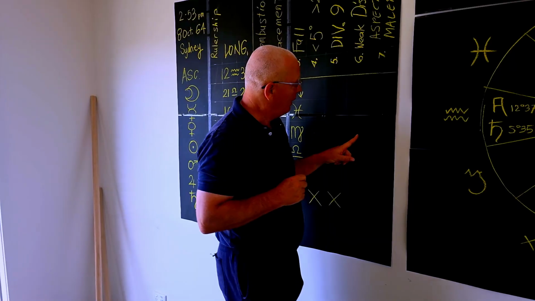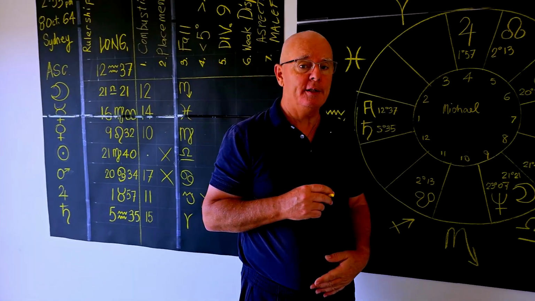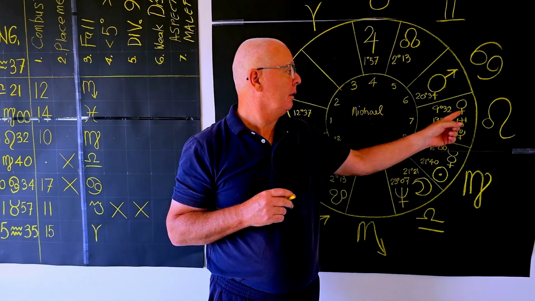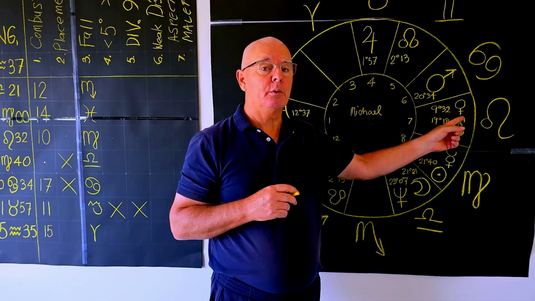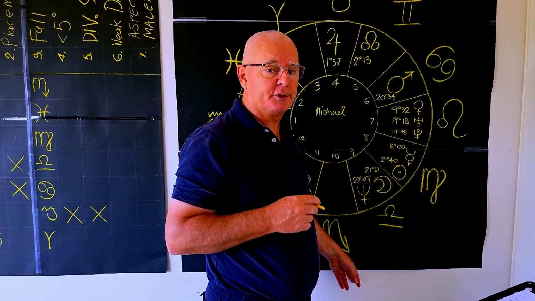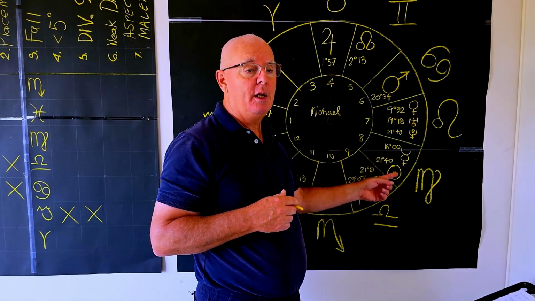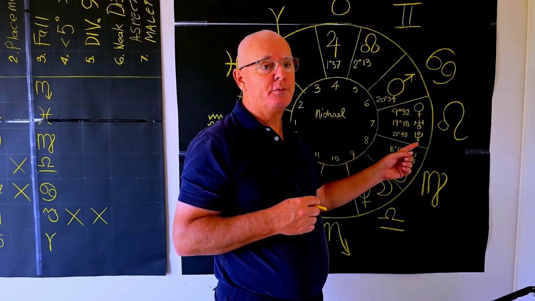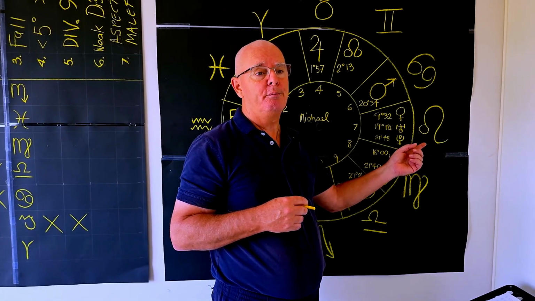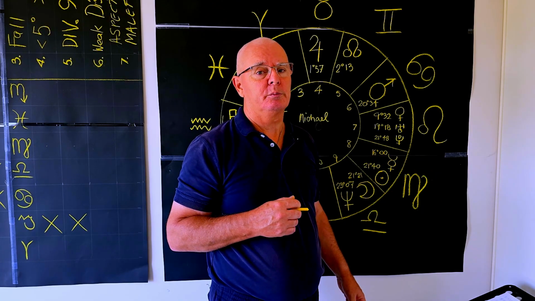But its ruler, if you look at the chart and you look for Venus over here in the 7th house, in Leo, Venus in Leo, and the ruler of Leo is the Sun, and we know the Sun's weak because it's in the 8th house. So because the ruler of Venus's sign is weak, Venus is weak also.